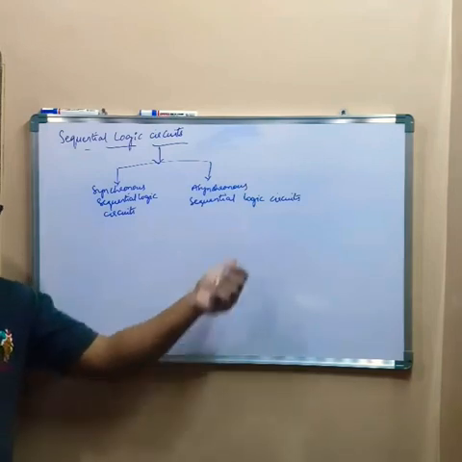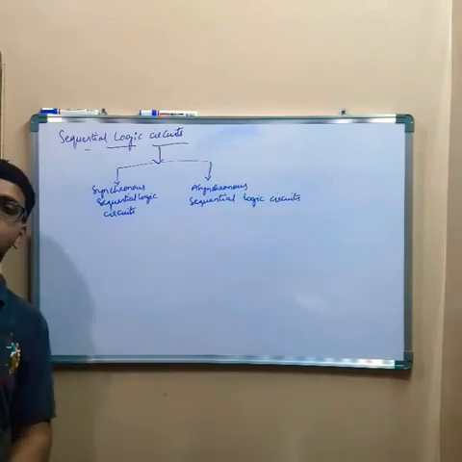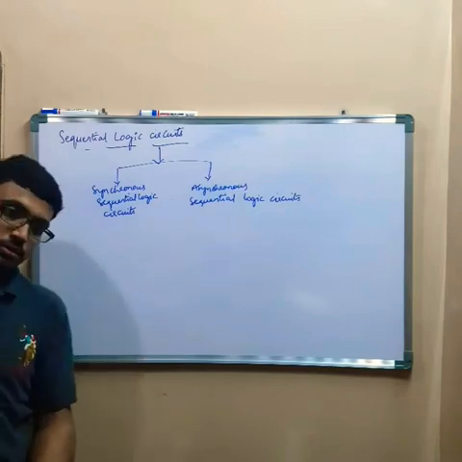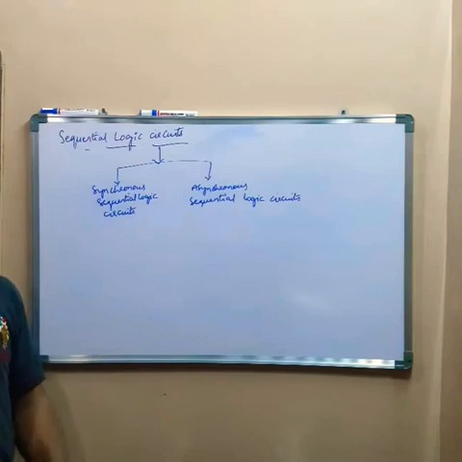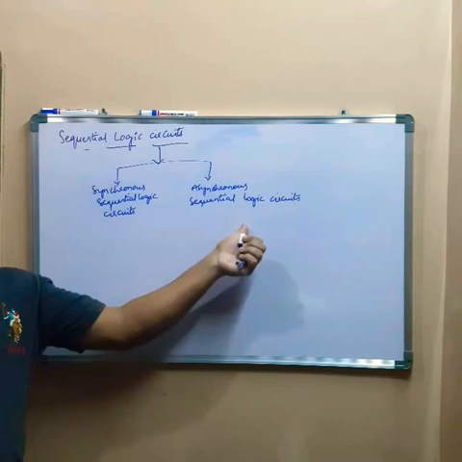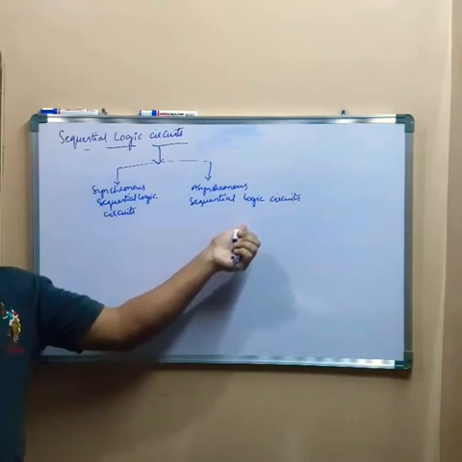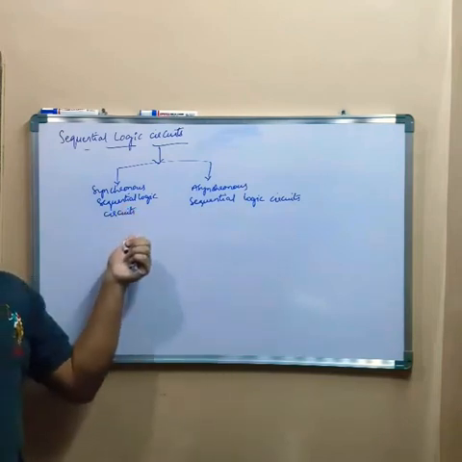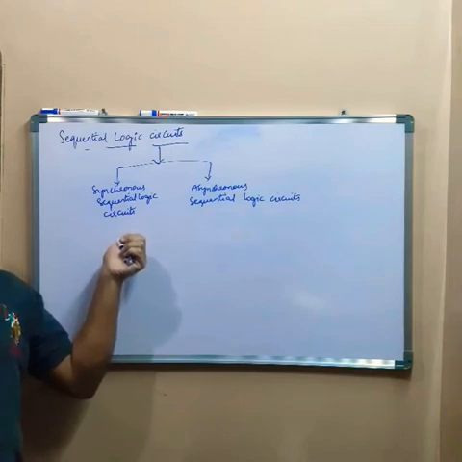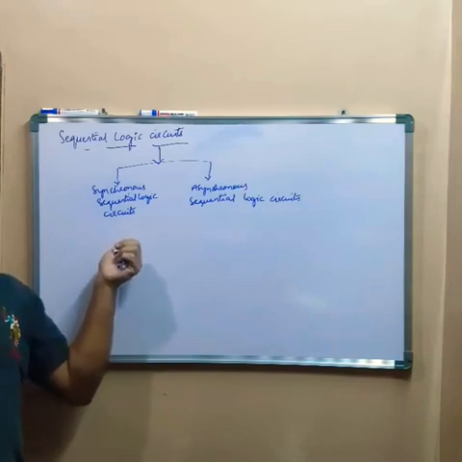In case of asynchronous sequential logic circuit, the output will be affected when input variables are changed, right? At any instant of time, if there is a variation in the input variables, there will be a variation in the output, right? At an instant of time, depending upon the activation of the clock pulse, if the input variable changes, there will be change in the output variables, right?